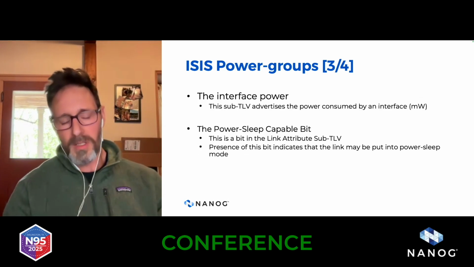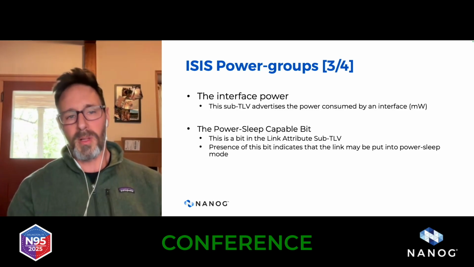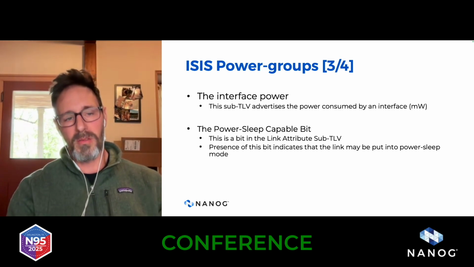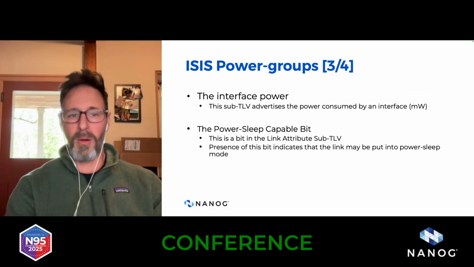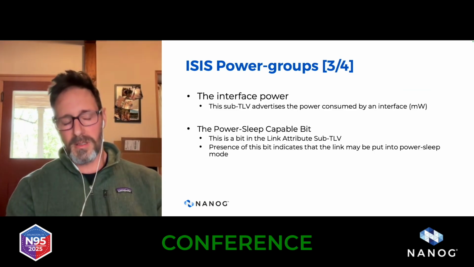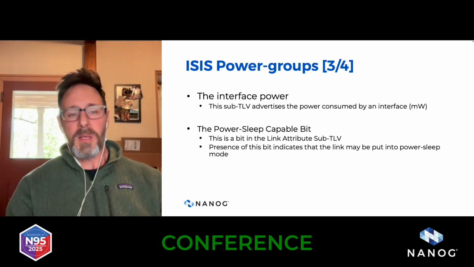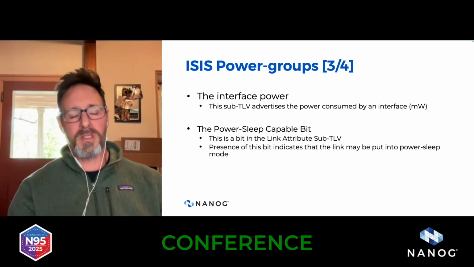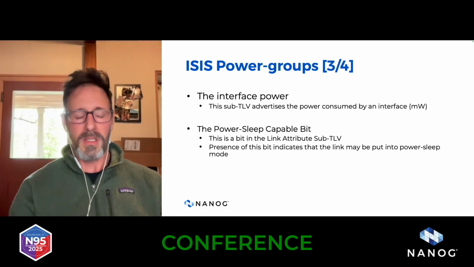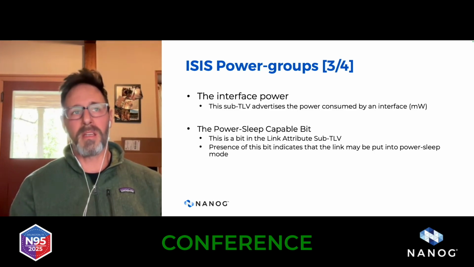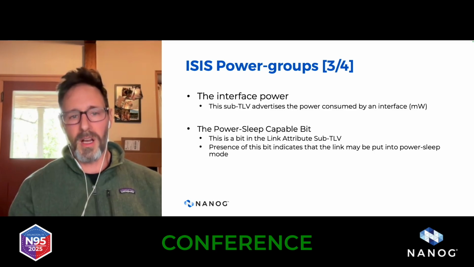Interface power is relatively self-explanatory. Along with the power value for the group, we'll advertise an interface-specific power. Again, this is something that will be used during path placement. Sleeping capability bit. This is an important construct for a topic that I'm not going to cover in detail today, unfortunately, due to time.